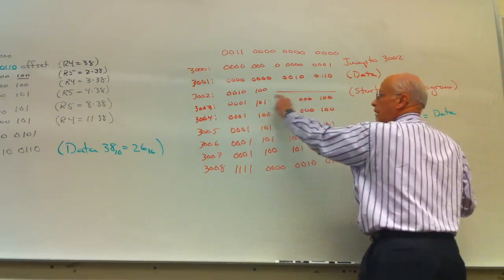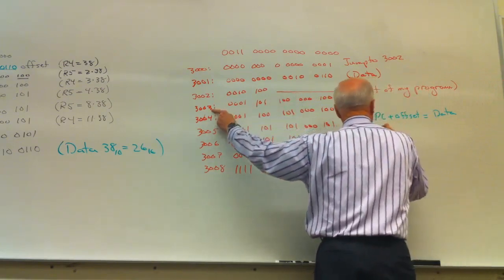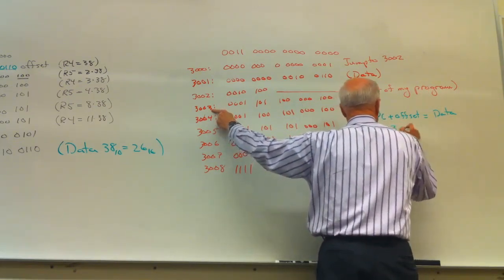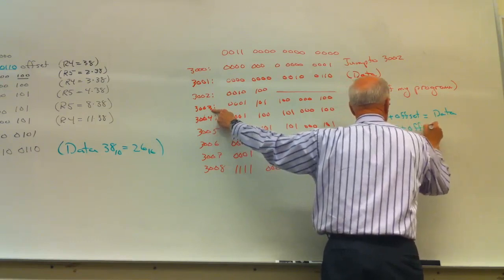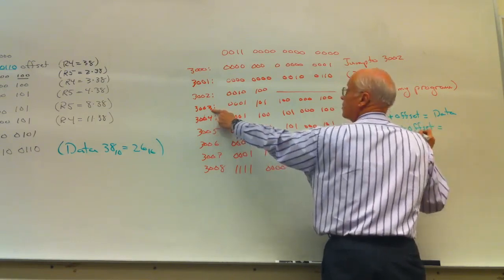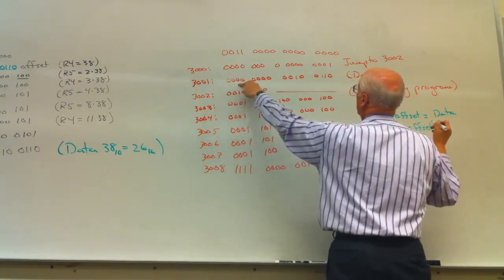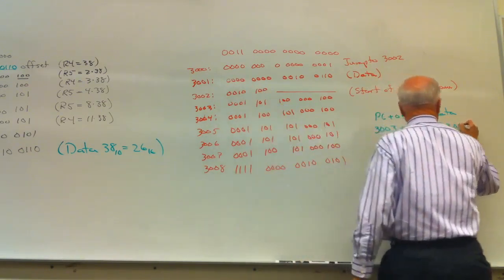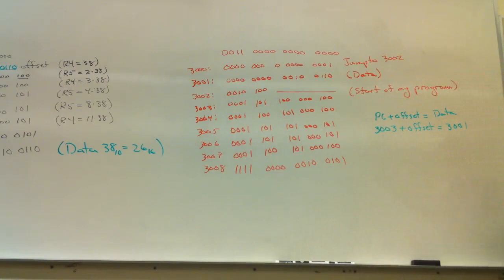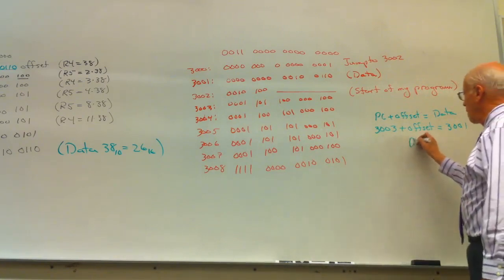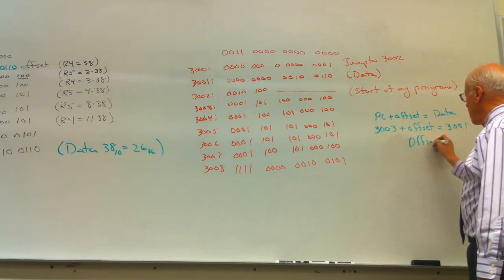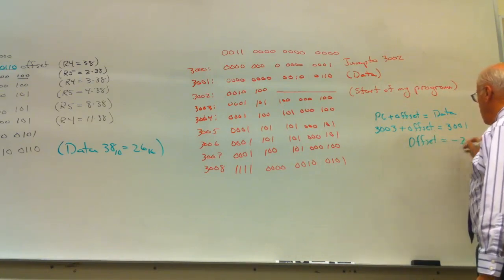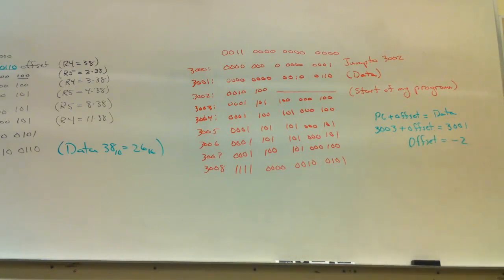When this thing is being executed, the program counter contains 3003. Plus my offset has to equal, the data is at 3001. So my offset now has to be -2.